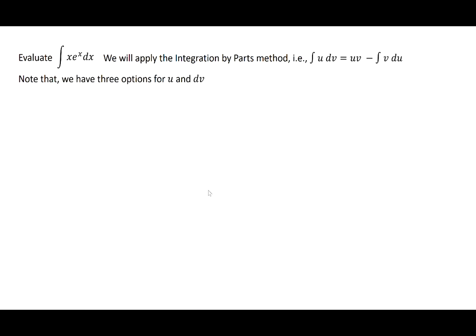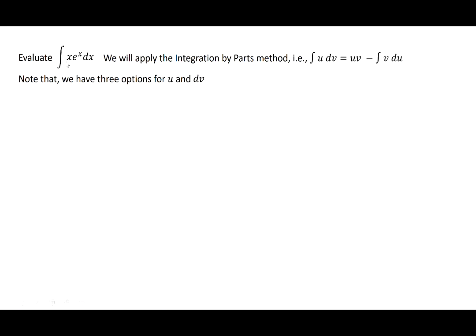Now, what did I say here? Note that we have three options for u and dv. Do you agree with that? Let's see what I mean by that. The given integral x e to the x dx, we need to look at that as integral u dv.